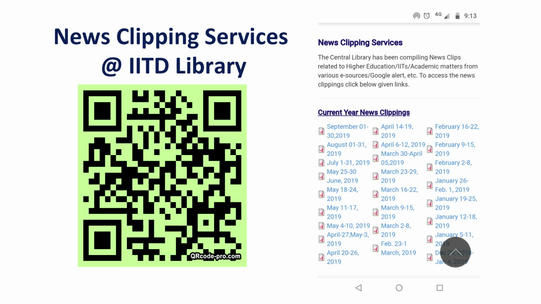You can scan this QR code as it is shown on the left side of the screen. This is created for the news clipping service provided by the IIT Delhi Library. The moment you scan it, you will see the news clippings available in the library for users on your mobile screen, as shown on the right of your screen, and different e-text books and other browsing e-books are also available.